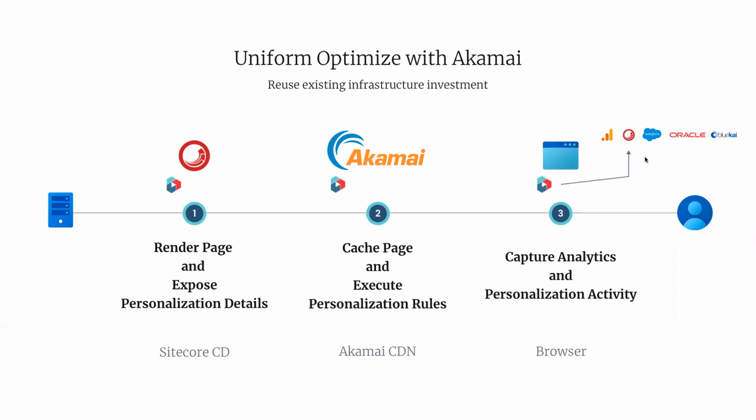You render a page and expose personalization details, like what we just did with Sitecore Uniform. It's on Sitecore CD. Then you're able to cache the pages and execute personalization rules, and it's all happening in the Akamai CDN, and you capture analytics and personalization activity. And by utilizing Uniform runtime services, you're able to dispatch it to Sitecore, Salesforce, Oracle, Google Analytics, whatever you prefer.